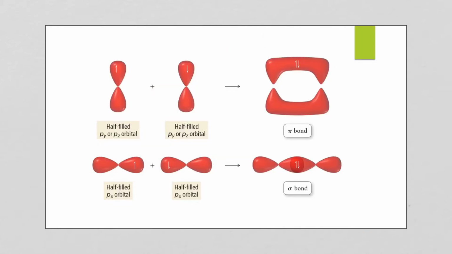So let's look at these two types of bonds in a little bit more detail. First we have the sigma bond. A sigma bond, for ease of explaining it, is an end-to-end overlap. And this is the bond that we form along the bonding axis.